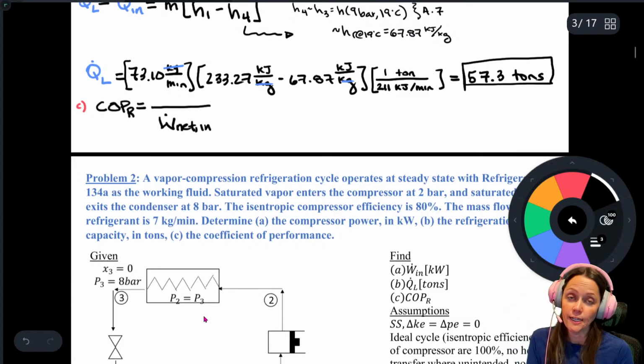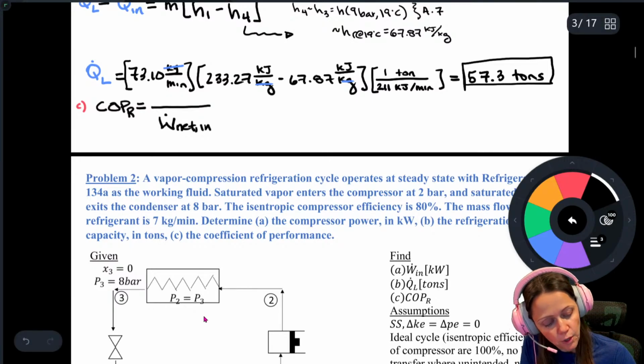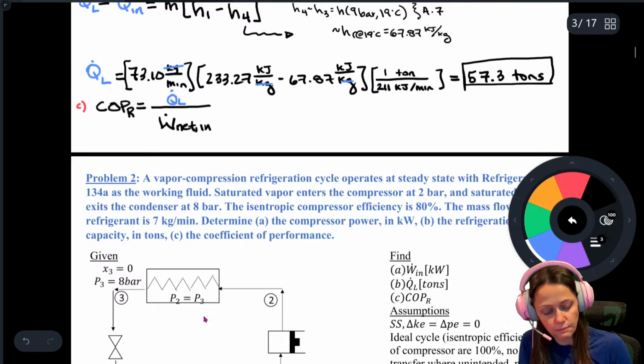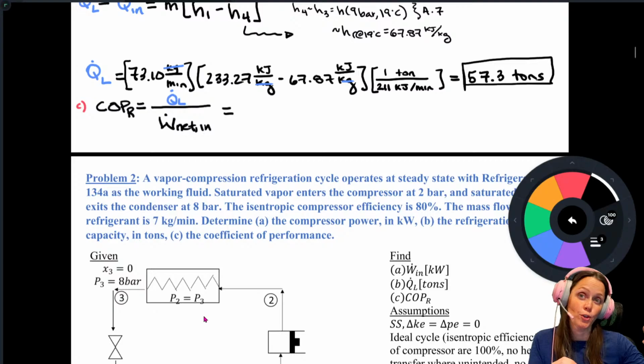So that means any W dot in minus any W dot out. Of course, we don't have any W dot out for this particular cycle, so it's just going to be W dot in. Over what you're interested in, and what you're interested in is filling your space, so it's Q dot L. If it were a heat pump, it'd be the exact same equation, except on the numerator, you'd have a Q dot H, because that's what you're interested in.